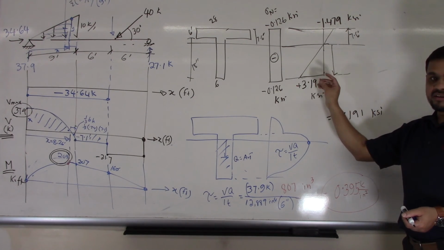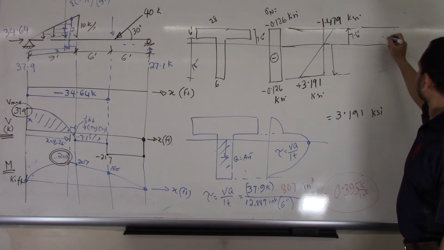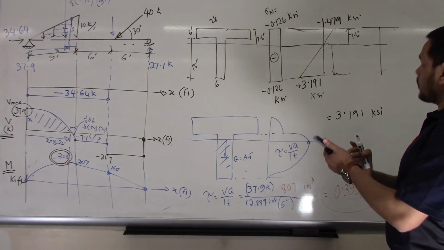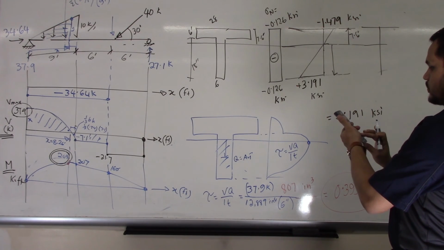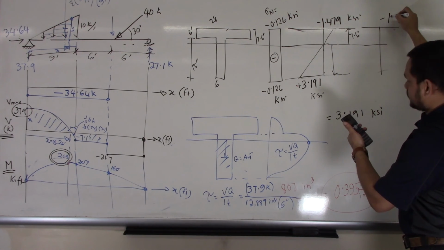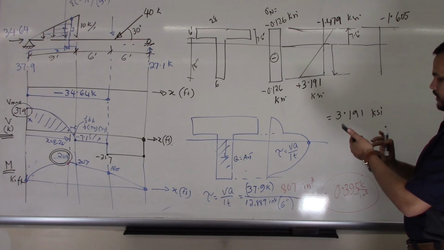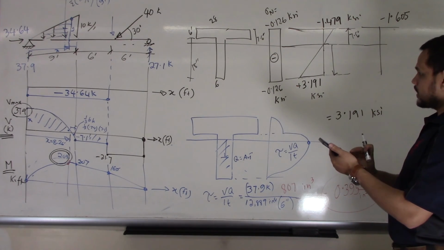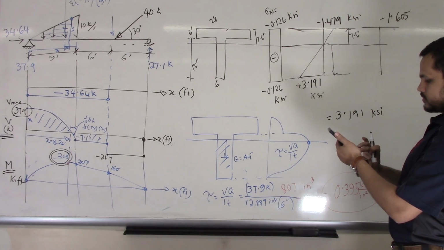Then if I combine, what is the maximum stress? So here negative, negative: 1.479 plus 0.126, I got 1.605. Here I am getting 3.191. It is plus, it is minus, so you have to subtract 0.126.